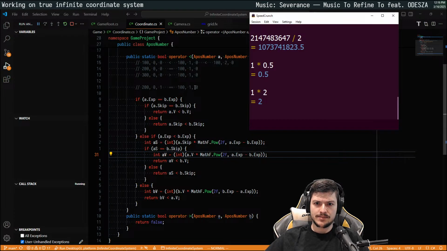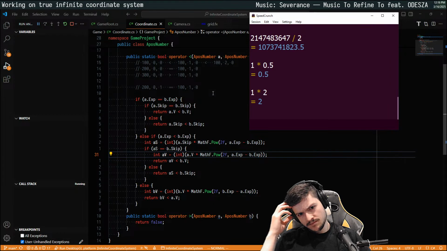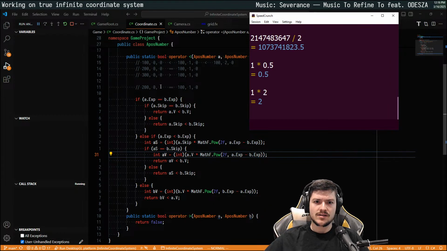So this one skip is 0. So that means 1 when I bring it to this. I mean, this would still be within, I mean, the number is bigger.